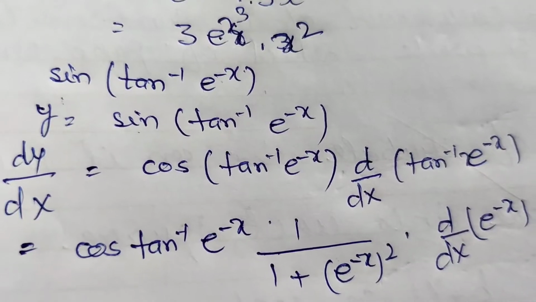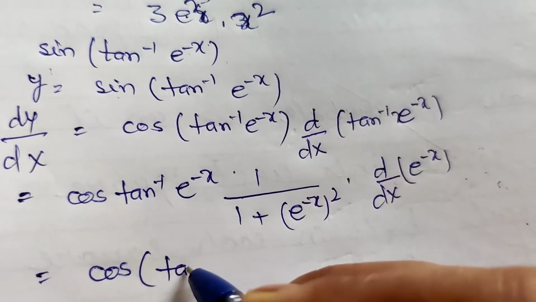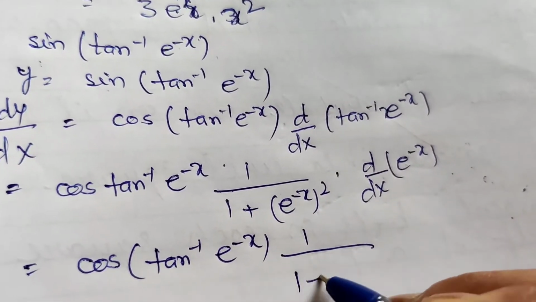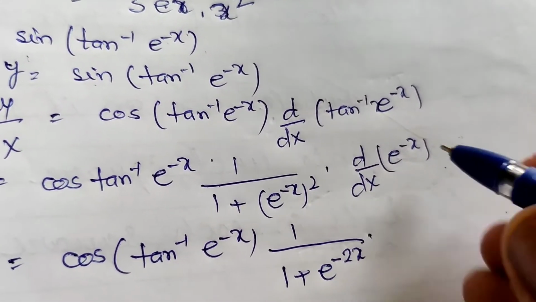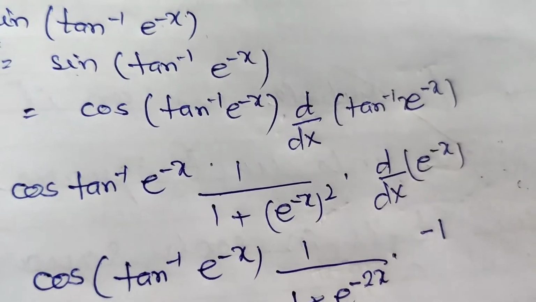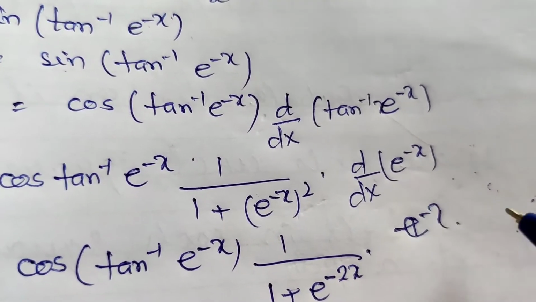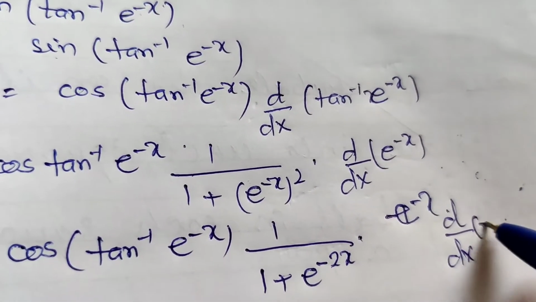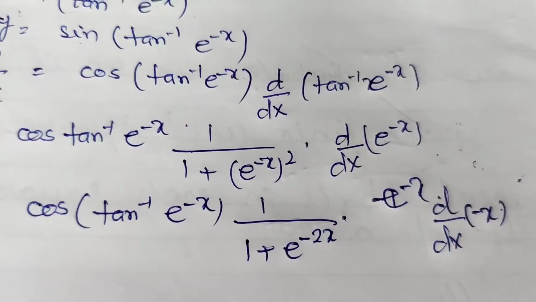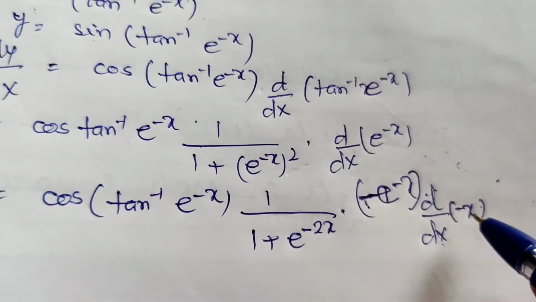Next, again, this upon 1 plus e raised to power minus 2x, and the differentiation of e raised to power minus x is minus 1 into e raised to power minus x, and the differentiation of minus x again.